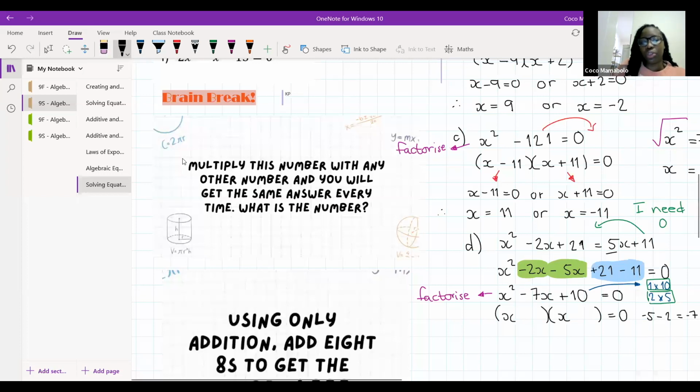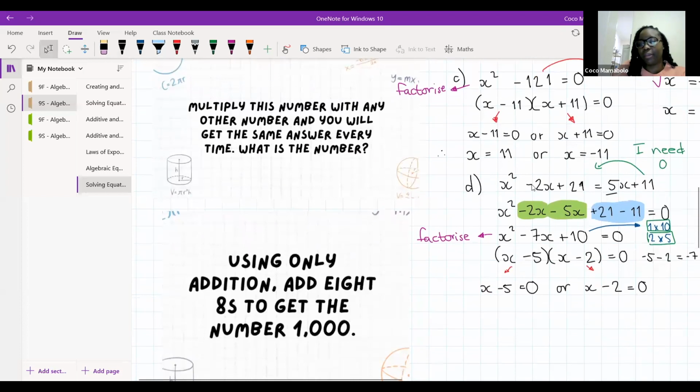So tell me what goes into my brackets. x minus 5 and x minus 2. Beautiful. We're not done. Let's keep going. Then it will be x minus 5 equals 0, or x minus 2 equals 0.